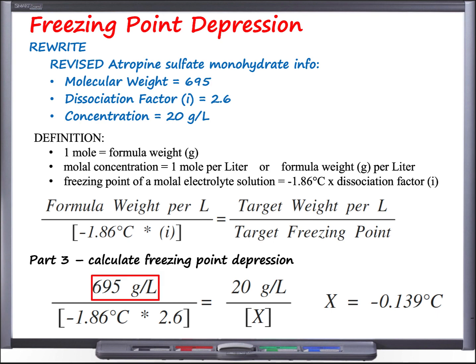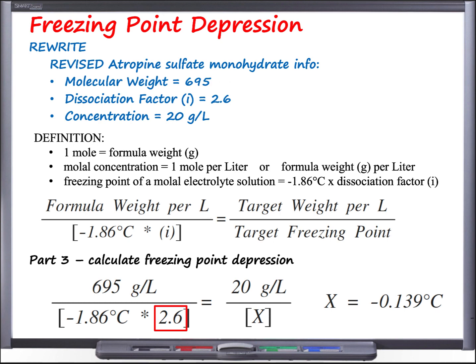We're saying that because atropine has a molecular weight of 695 grams, if we had a concentration that was 695 grams per liter, that is the molal concentration of atropine. We'll set that over its freezing point depression, which we would know would be negative 1.86 degrees Celsius times the dissociation factor that we calculated. Remember, we calculated the dissociation factor for atropine as 2.6.